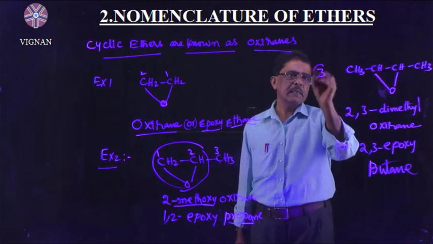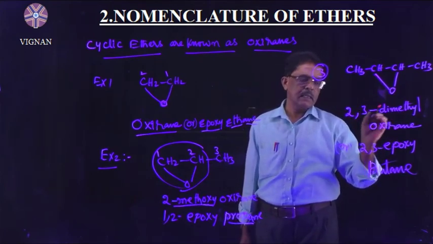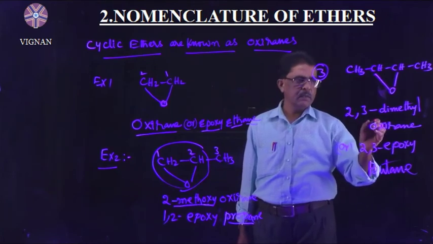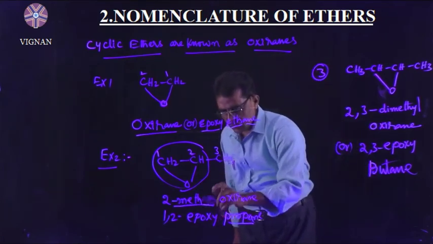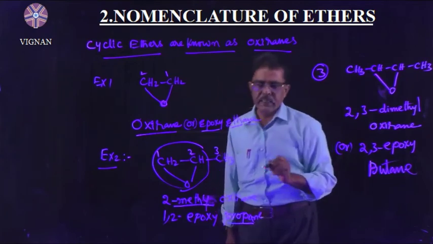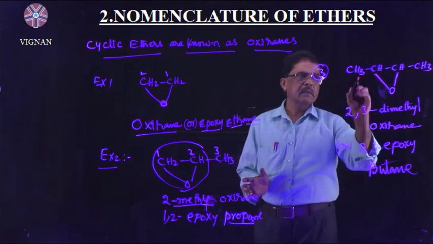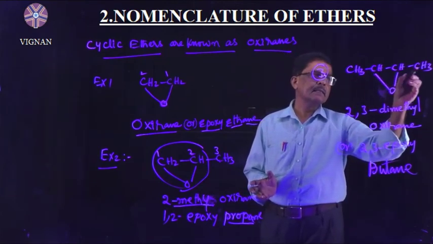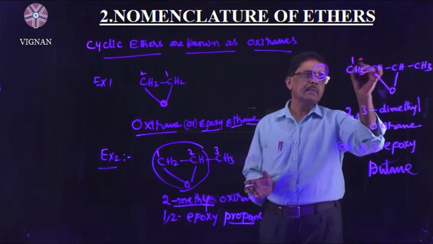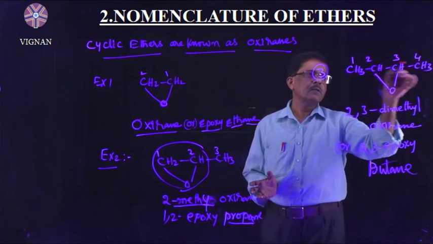Next, the third example is 2,2-dimethyl oxidane. Here there is a methyl, 2-methyloxidane, or 1, 2-epoxypropane. The third example is CH3-CH-CH-CH3. Here, numbering the carbon chain from left to right, I give 1, 2, 3, 4.